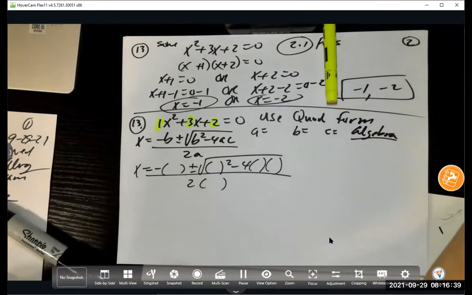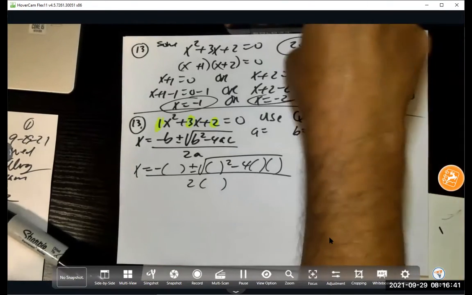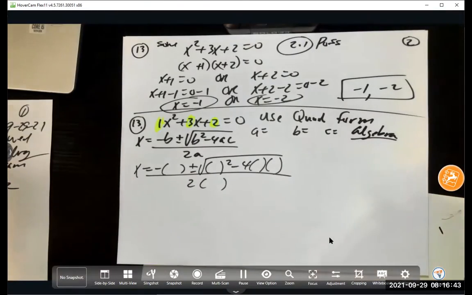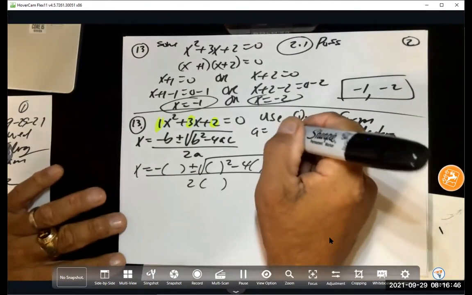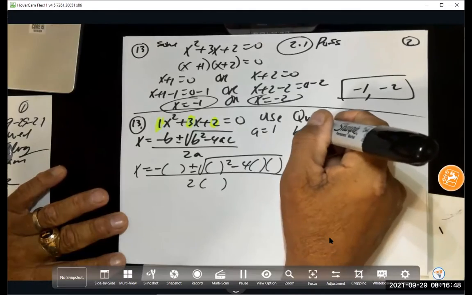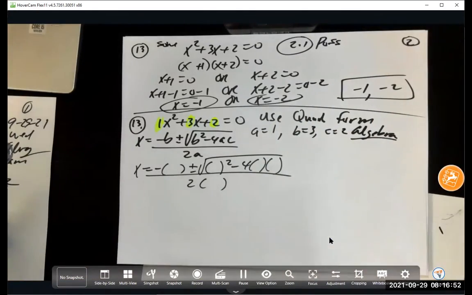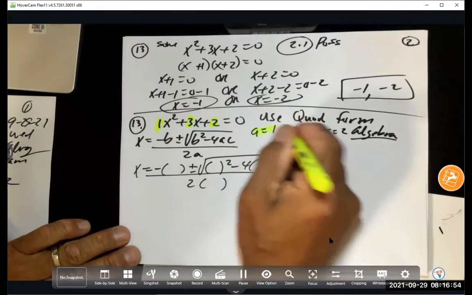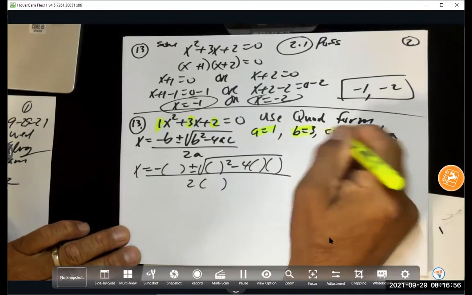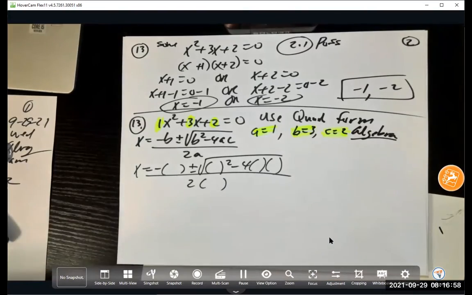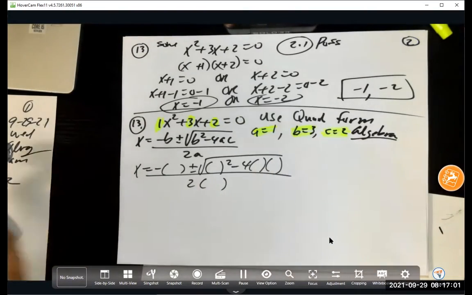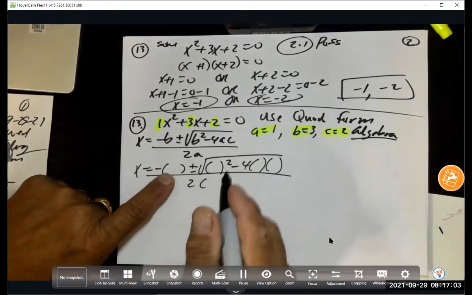All right, so it's going to be 1, 3, and 2. There's a, b, c again. Let me mark them again. This is the a, this is the b, and this is the c. Y'all see my a, b, c numbers now? Right there. So for letter b, what do I put?